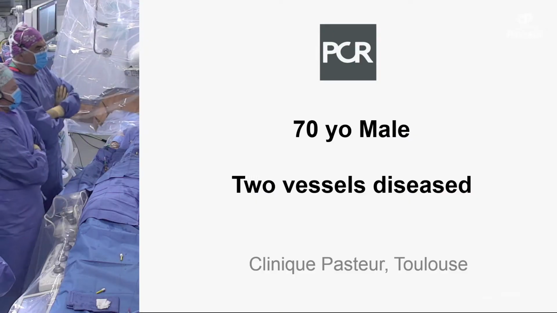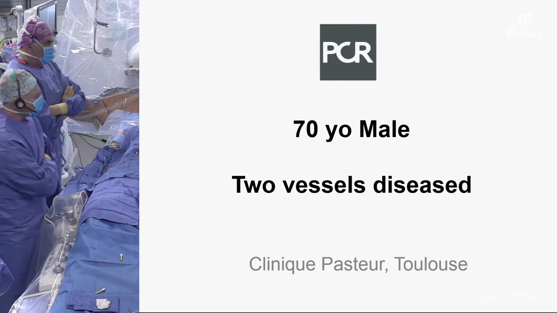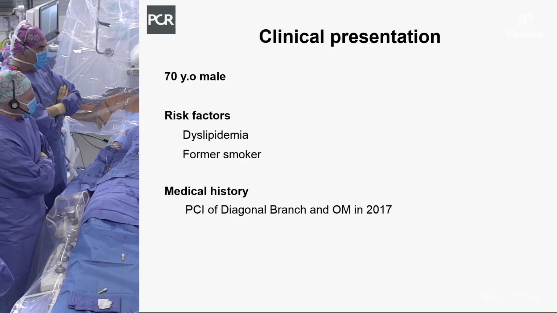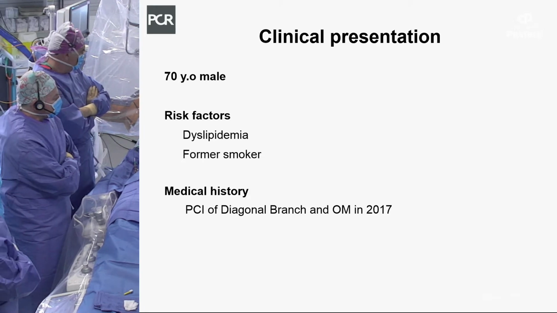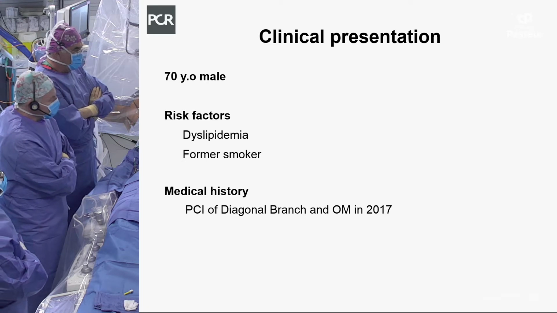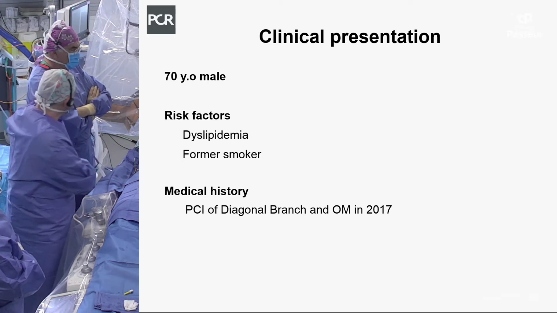So it's a 70 years old patient with, as you mentioned, two vessel disease. As risk factors, he has dyslipidemia, he is a former smoker, and he was treated in 2017 on the proximal circumflex and the first diagonal branch with stent.